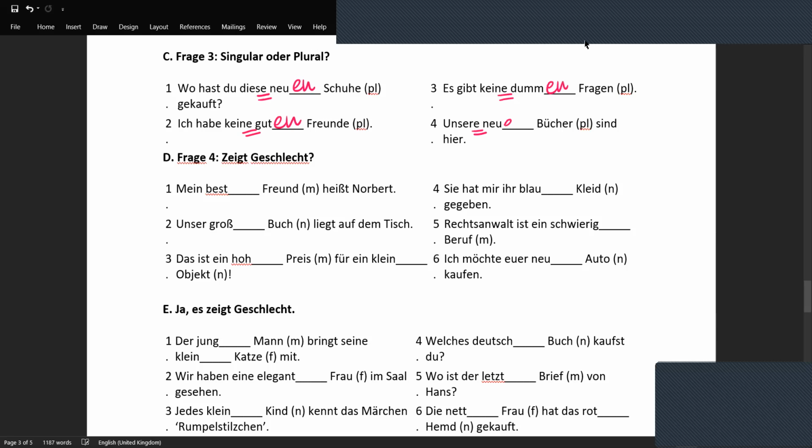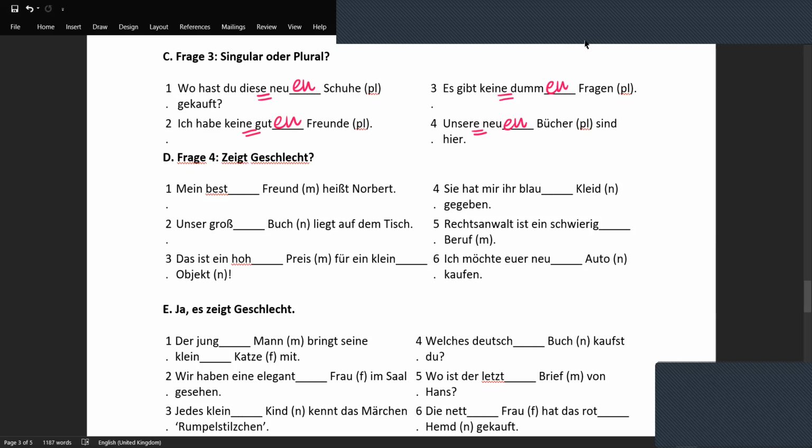So whenever you encounter a sentence where you have a plural noun and the article is definitely showing you that the noun is plural, that's where you just blindly use en, no matter what.